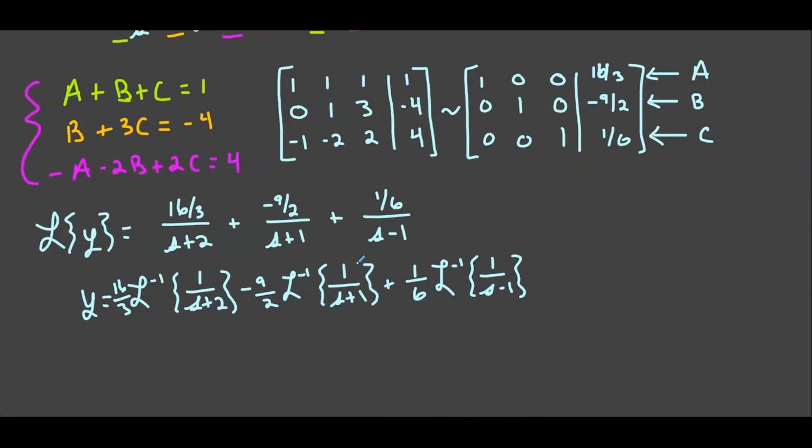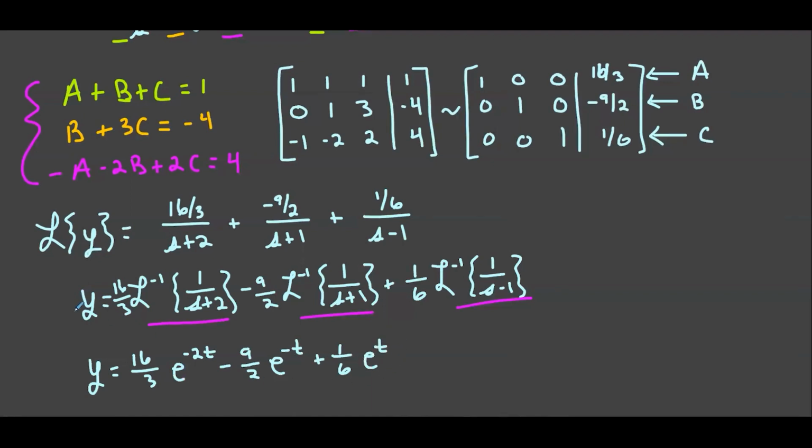And then we just use our Laplace transform table to do all these inverse Laplace transforms. So we're just going to end up with exponential functions, right? So it's going to be 16/3 e to the negative 2t minus 9/2 e to the negative t plus 1/6 e to the t, right?